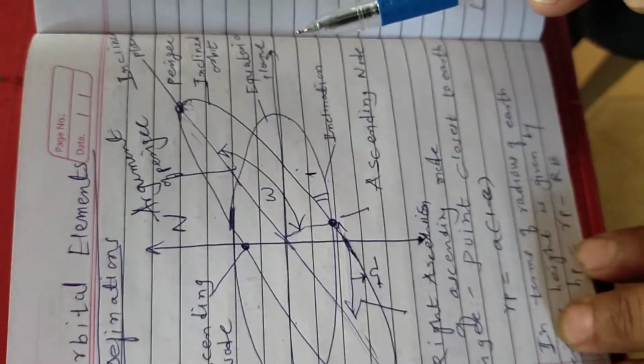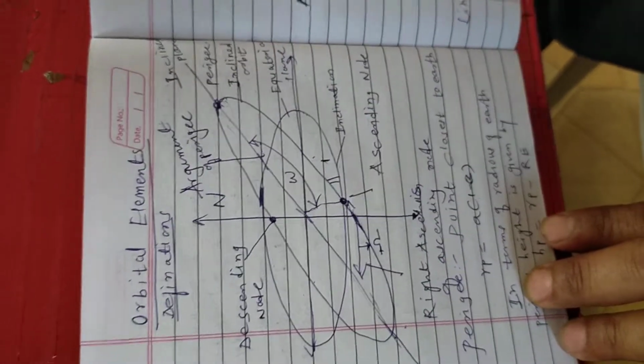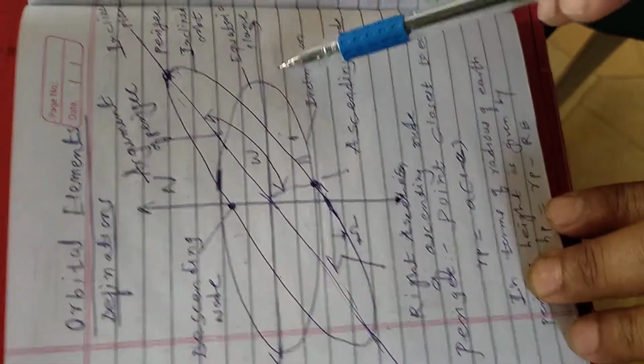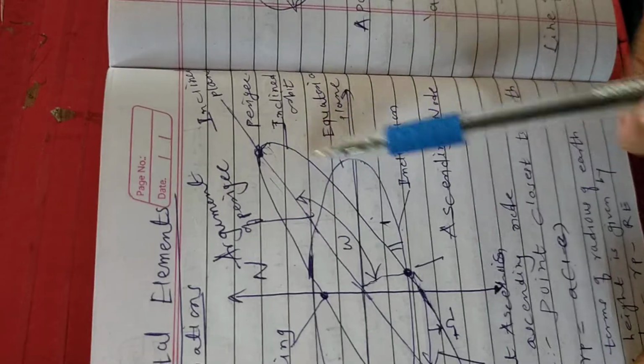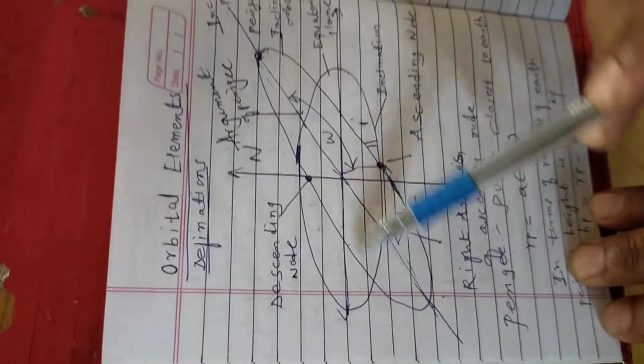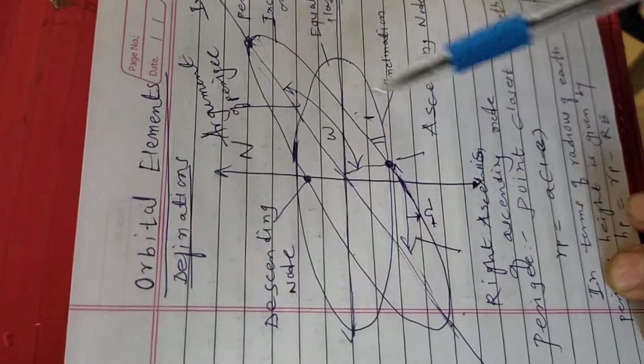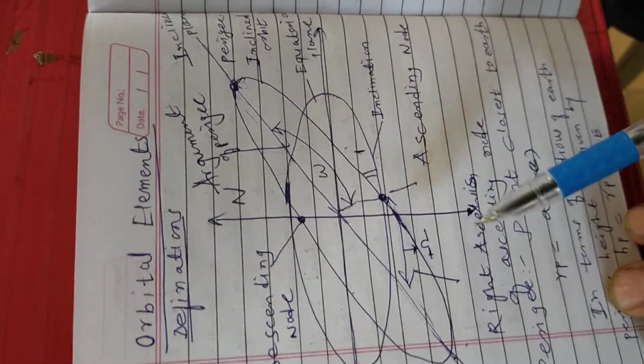Then in this lecture, we will also study different orbital elements. Here, as shown in this figure, this is the equatorial plane. This is an inclined plane. And in this figure, from these orbital elements, we have to study different definitions.